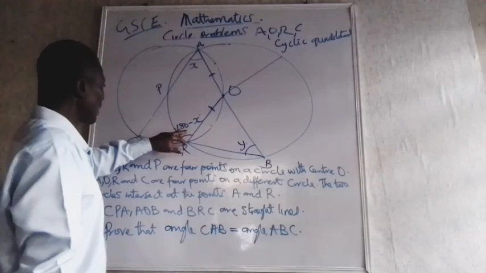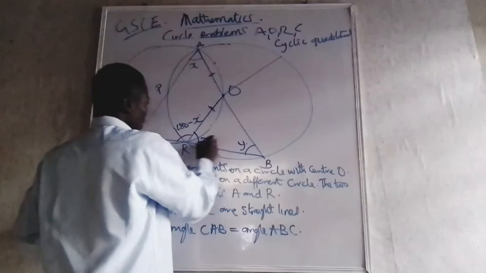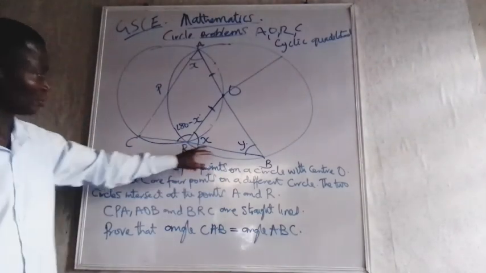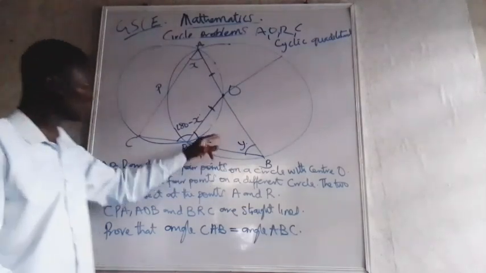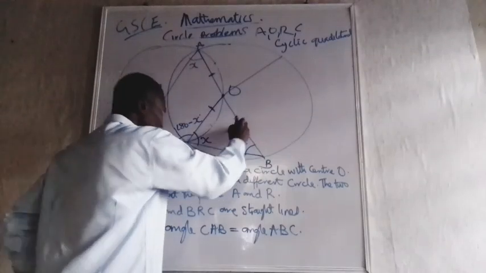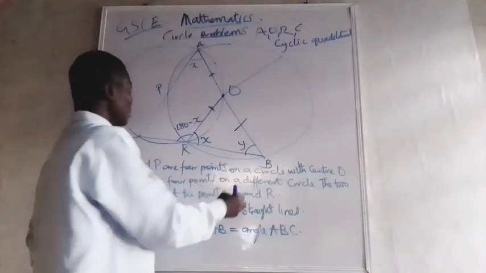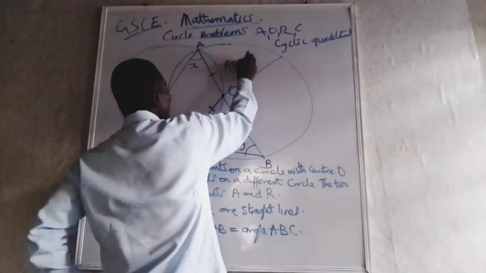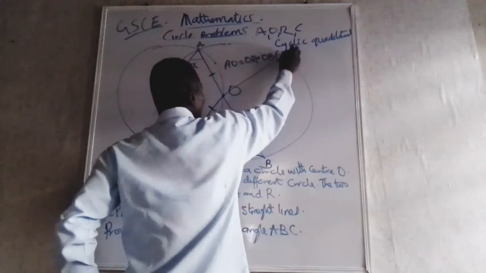And if this place is 180 minus x, it implies that this place too will be equal to x, because the total angle here will be 180. So it means that angle ORB is equal to x. And now look at it. From O to B is a radius as well. OB is a radius. You can see AO is equal to OR is equal to OB. They are all radii.